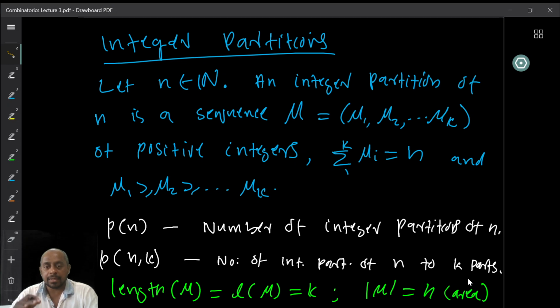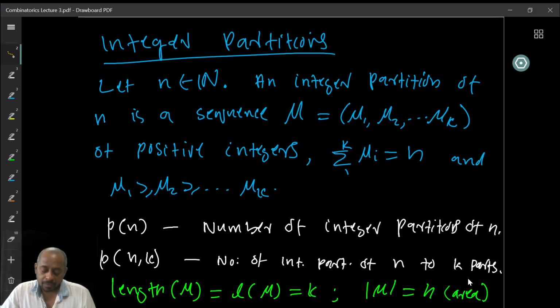But here we make all of them uniform by writing in decreasing order. So we are not really worried about the order there. That is what makes the difference. So integer partitions are precisely partitions of the integer into k smaller positive integers such that their sum is exactly n.